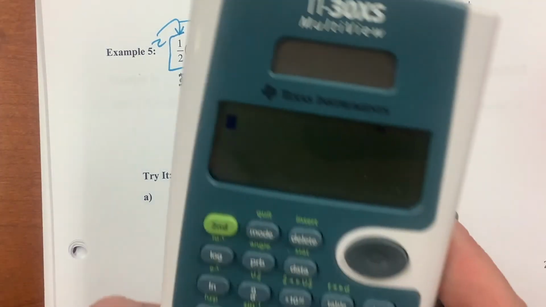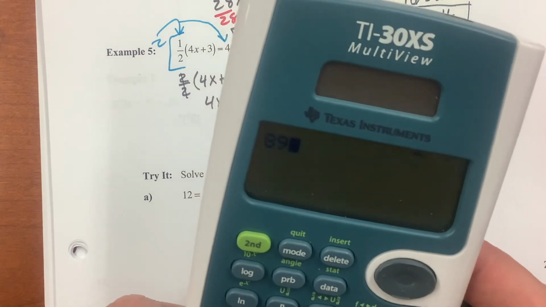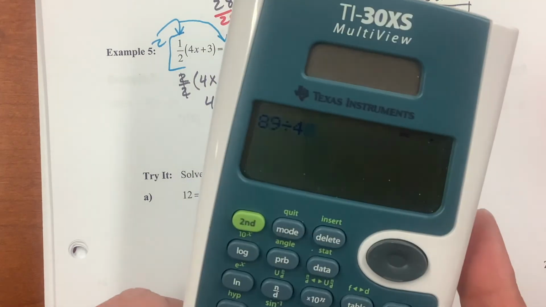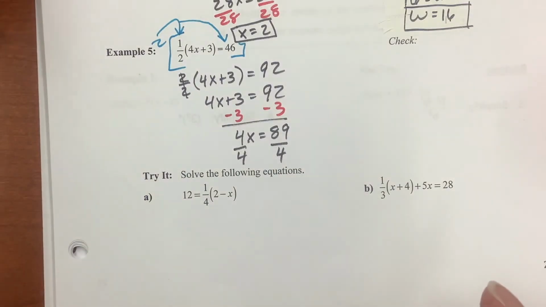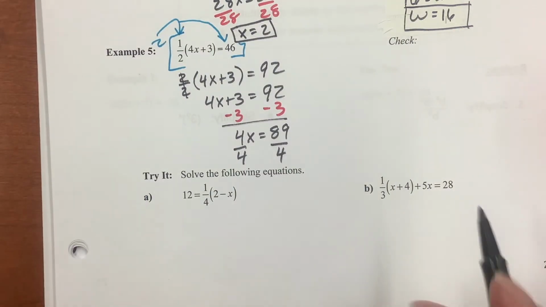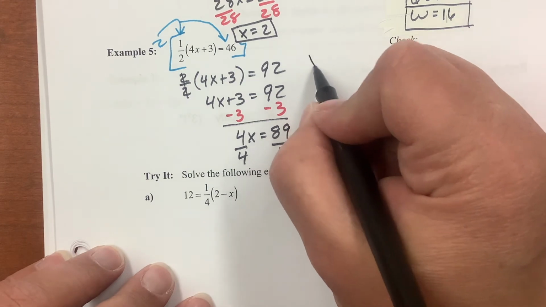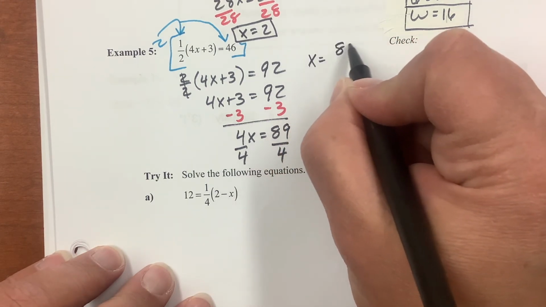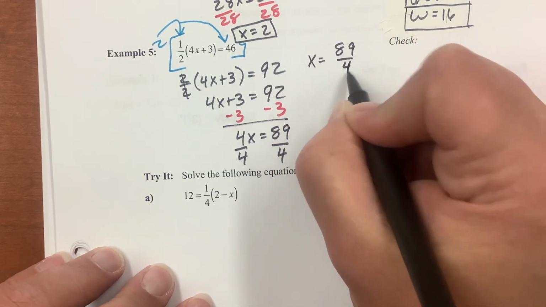Clear that. 89 divided by 4 is 22 1/4. I don't like that answer. Make it a fraction. 89 over 4. So I get x equals 89 over 4.